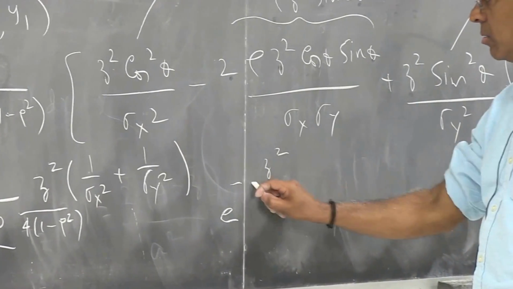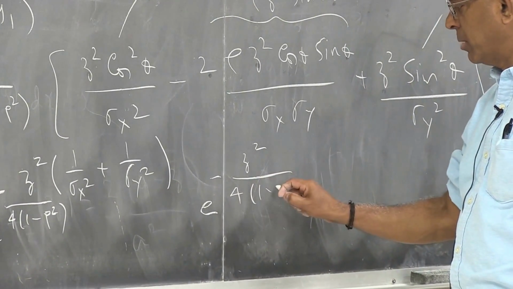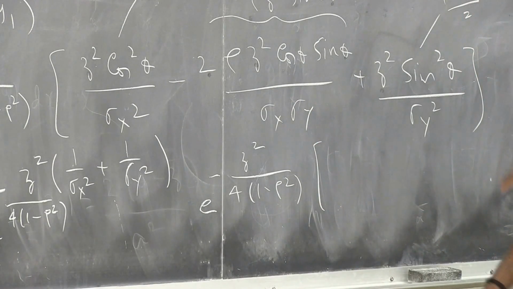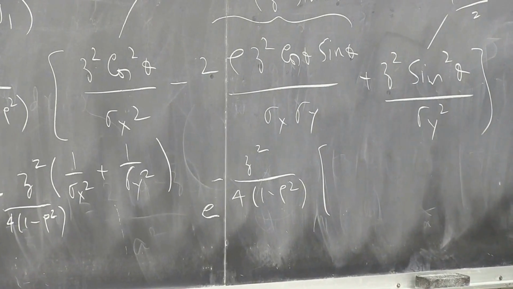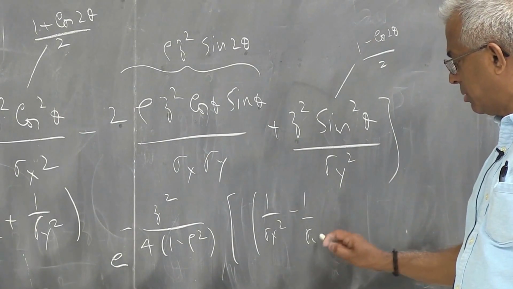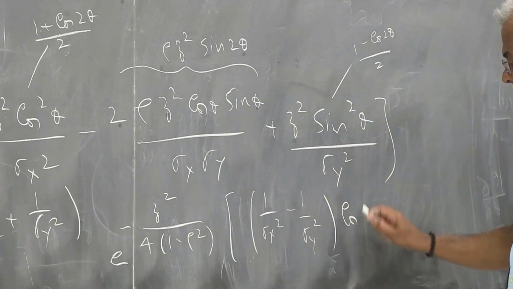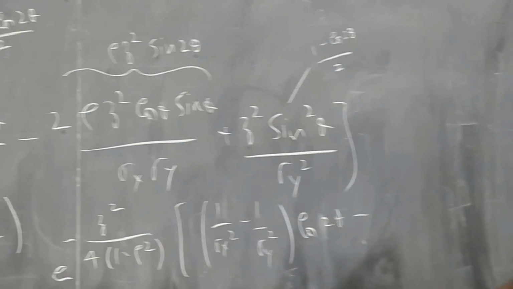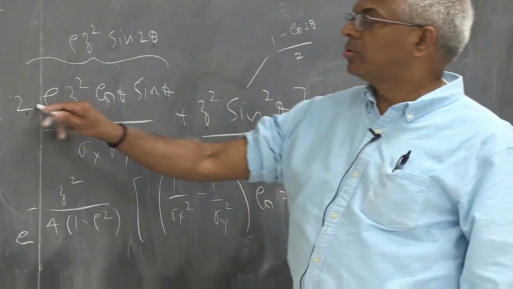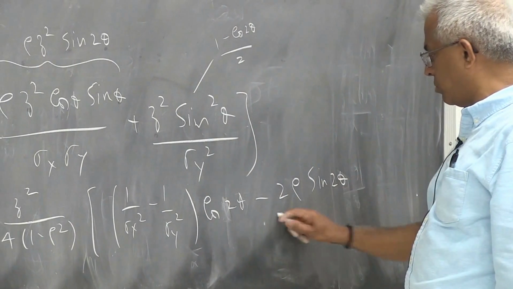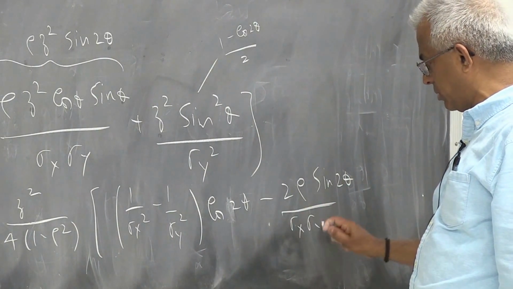So z squared over 4 times (1 minus rho squared), then you have 1 over sigma x squared minus 1 over sigma y squared multiplied by cos 2 theta, minus, look here, 2 rho sine 2 theta over sigma x sigma y.